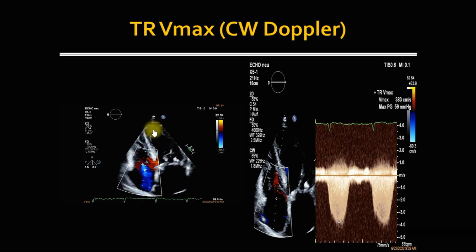I place the CW Doppler in the middle of the tricuspid regurgitation jet. Then I get a tricuspid regurgitation signal like that. Here we can measure the peak of this signal. Here we have a tricuspid regurgitation Vmax of around 3.8 meter per second.